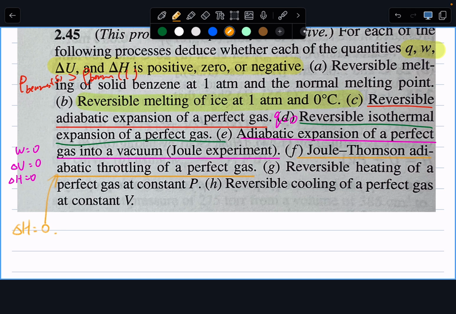And since delta H is only a function of temperature, right? If delta H is 0 and we're dealing with ideal gases, my delta U must also equal 0. It's adiabatic, so we have Q equals 0. So the total work being done also equals 0.